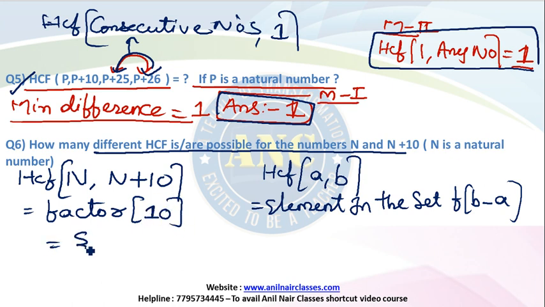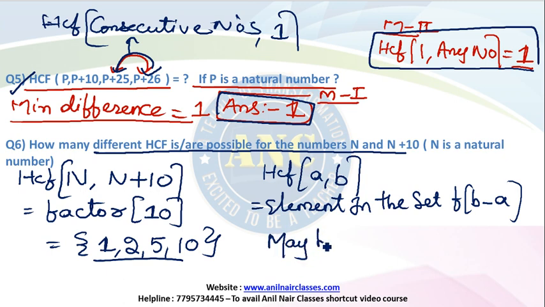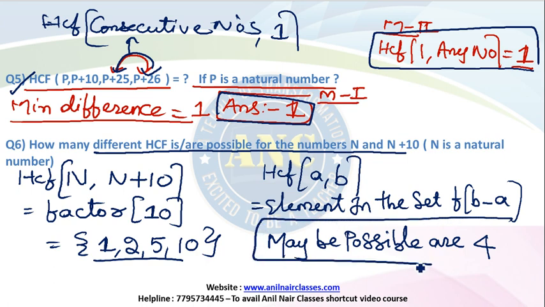What are the factors of 10? The factors of 10 are 1, 2, 5, 10. How many HCFs may be possible? 4 HCFs are possible.